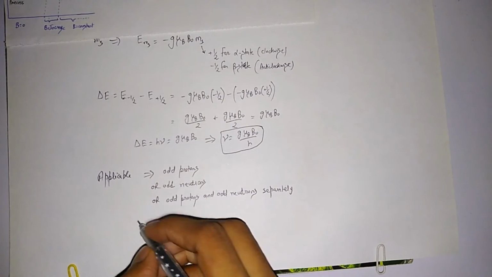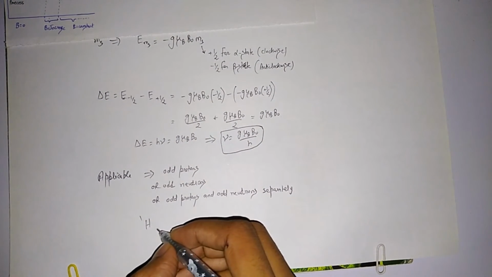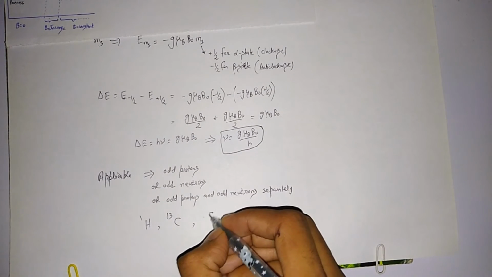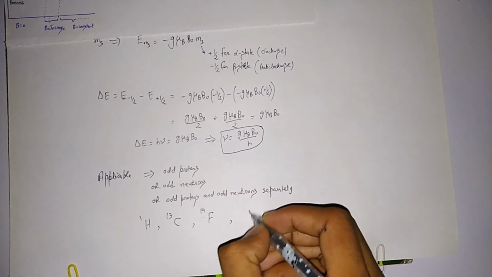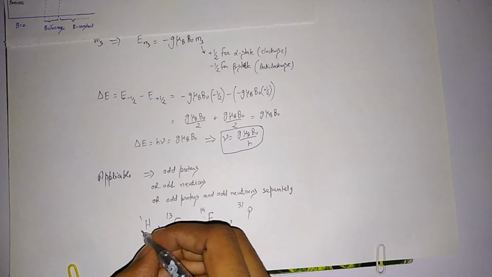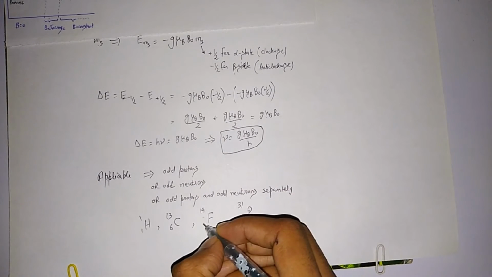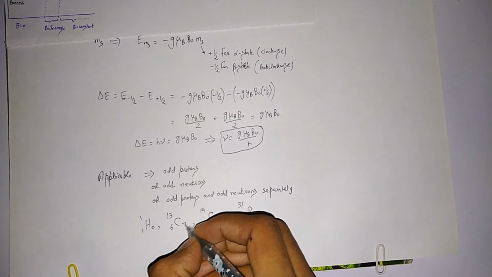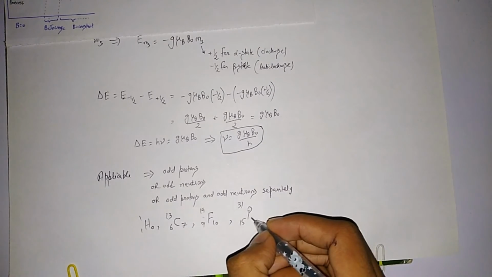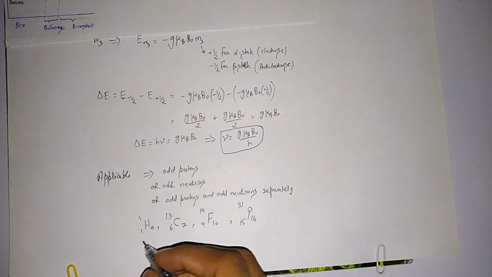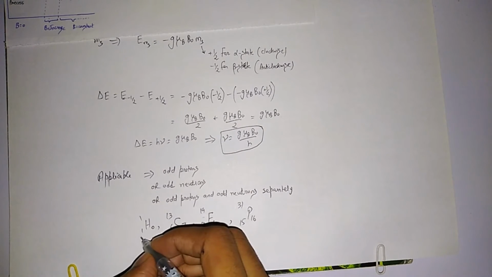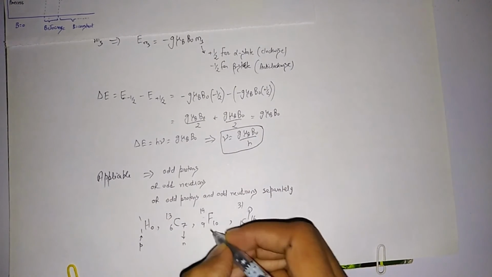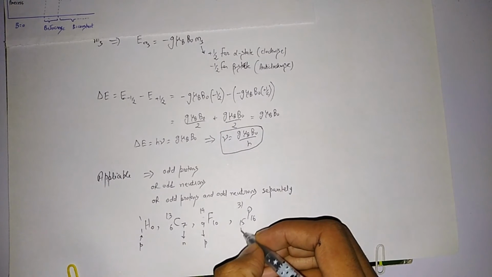For example, hydrogen 1, carbon 13, fluorine 19, phosphorus 31, and the corresponding protons are 1, 6, 9, 15, and the corresponding neutrons are 0, 7, 10, 16. In these nuclei you can clearly see that this one has an odd proton, this has an odd neutron, this has an odd proton, this has an odd proton.